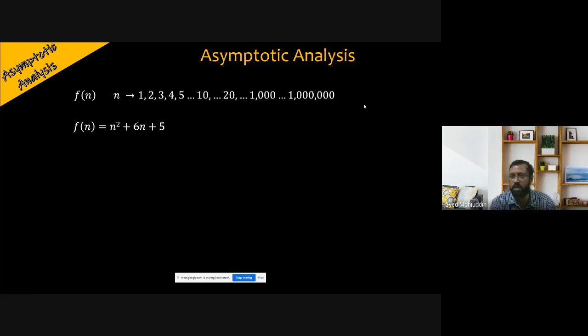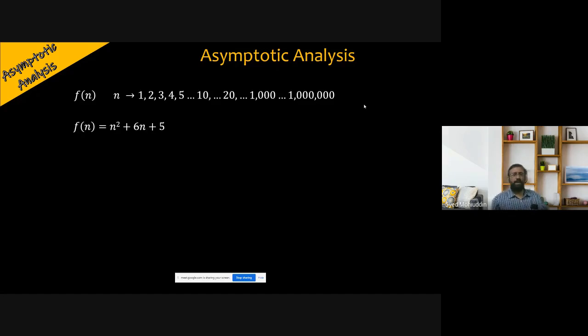This expression has the highest degree n square, so it is a quadratic polynomial, a quadratic expression. Let's assume that when we counted the number of steps, we got n square plus 6n plus 5 as the expression.